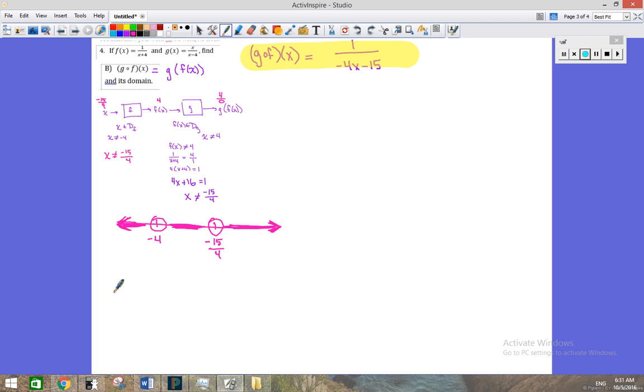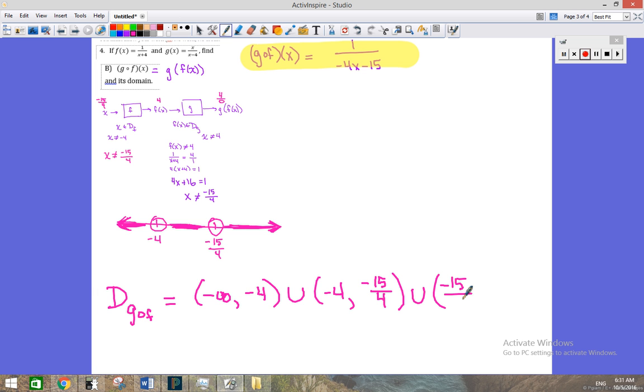So the domain of g composed with f is the set of all real numbers excluding negative 4 and also excluding negative 3 3/4. So here is our second answer for problem 4, part B.